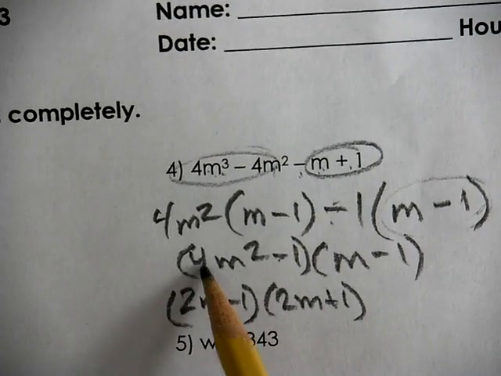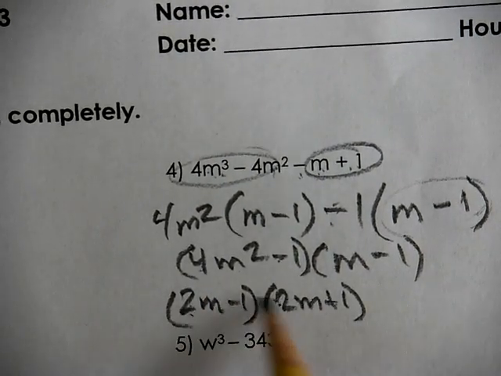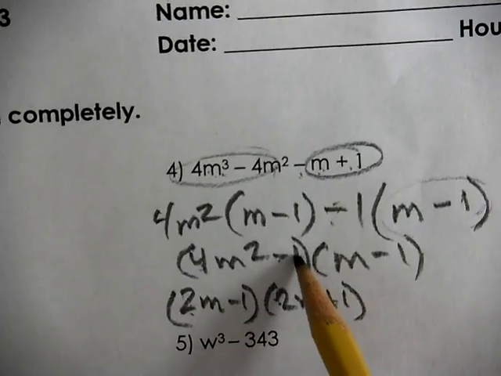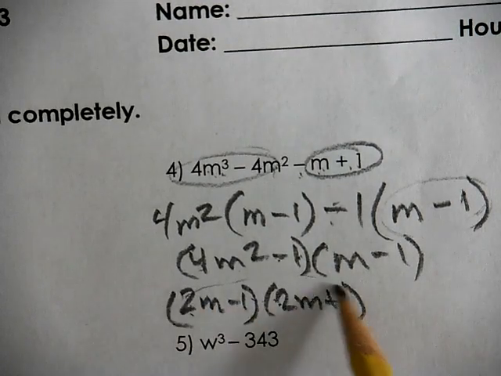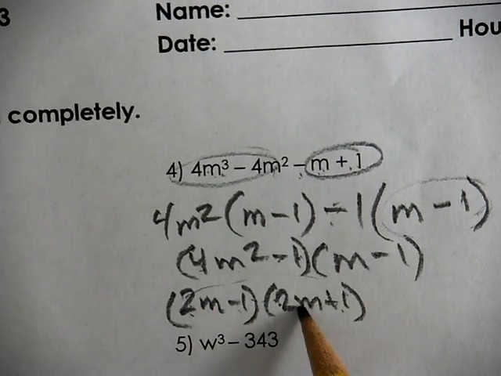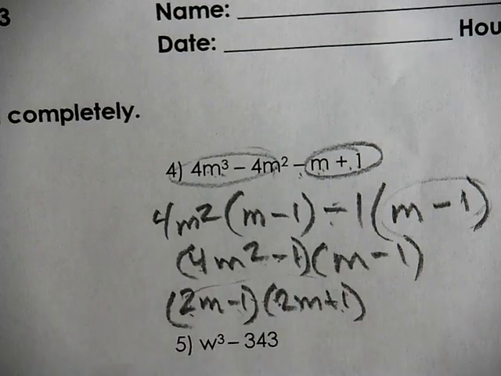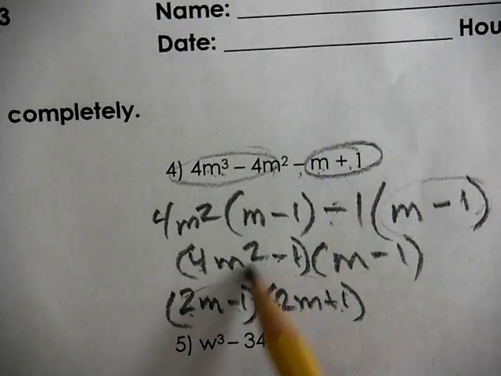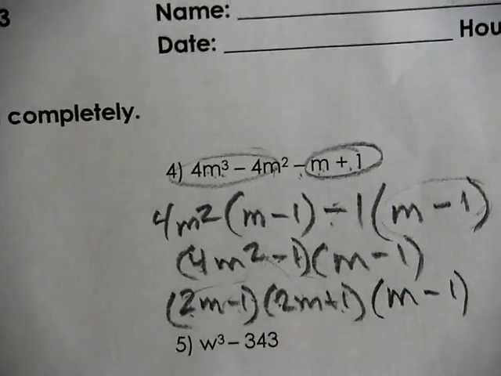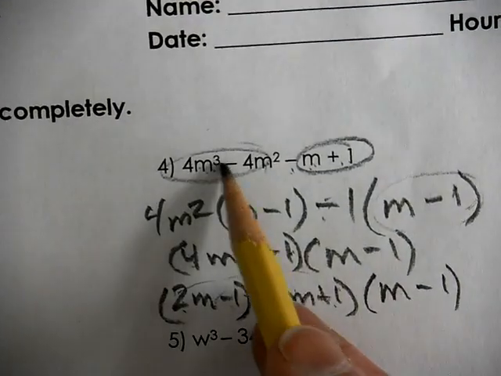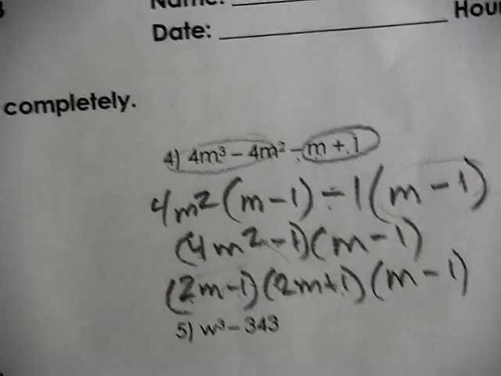You can take the square root of 4, so 2 times 2 is 4. You can take the square root of 1, so 1 times 1 is 1. Positive 2m and a minus 2m give you 0 in the middle. So those make that, and then you also have your final factor, because you need a cubic, so you need 3 m's.